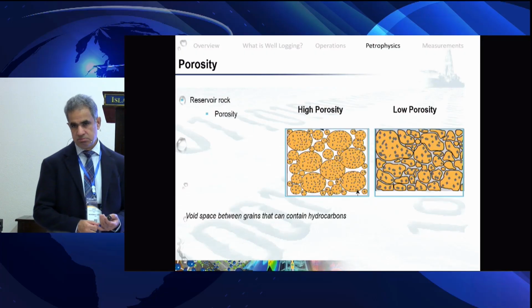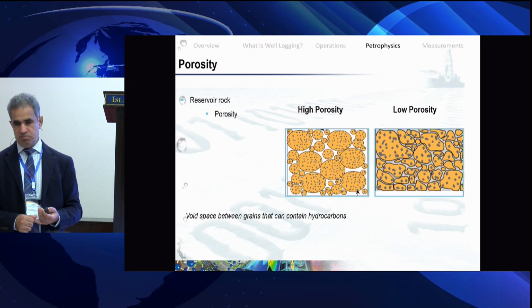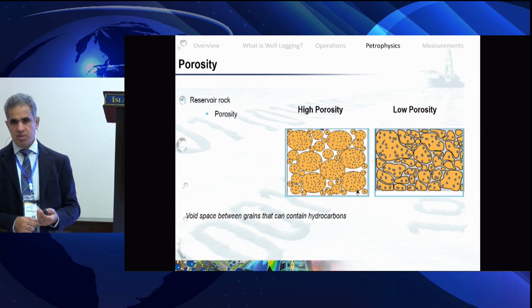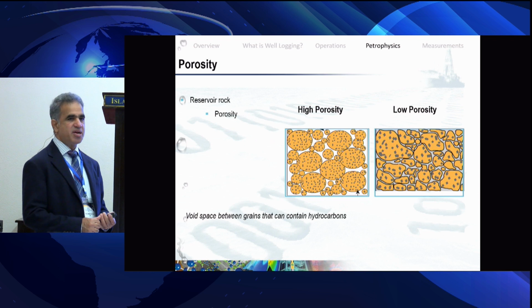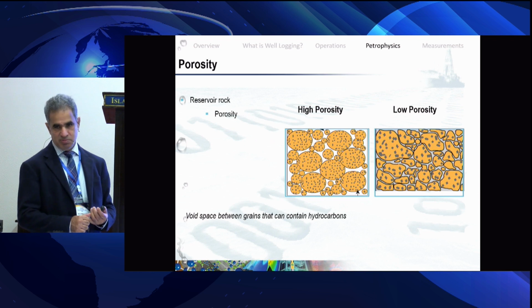So porosity. Porosity is the void space between grains that can contain hydrocarbons. It is the ratio of the pore volume to the rock volume, expressed in percentage units. We quite often call it PU, percentage units.